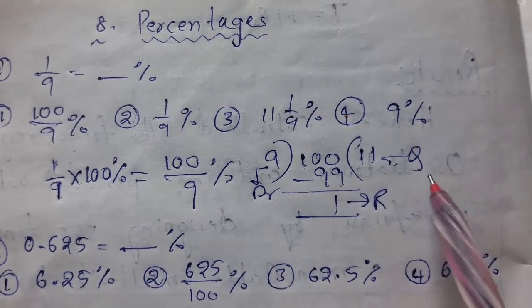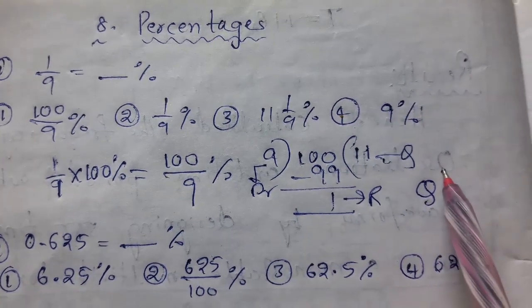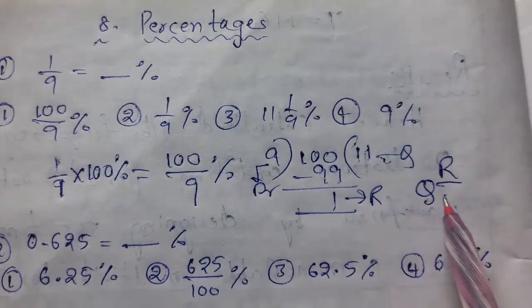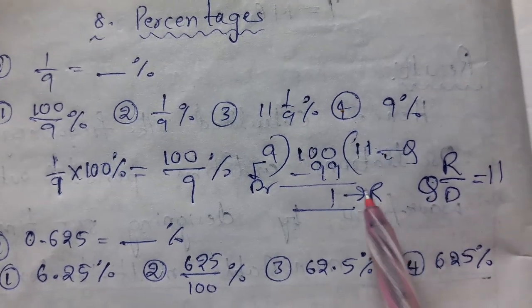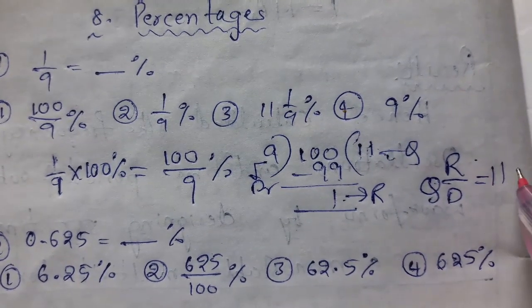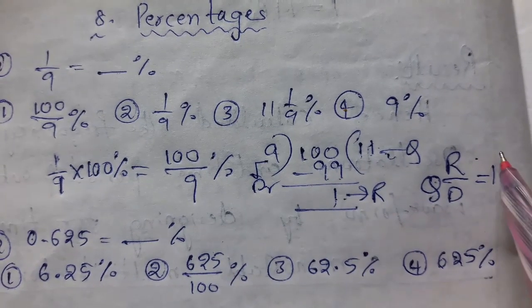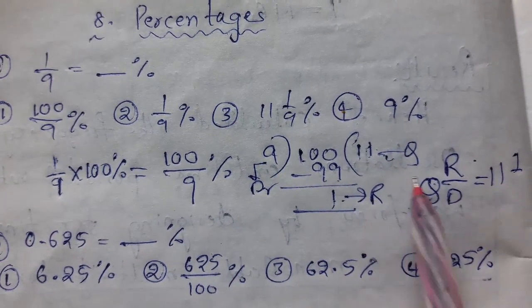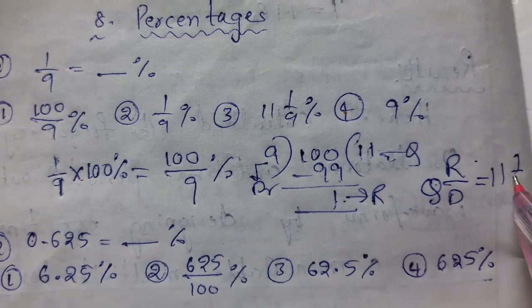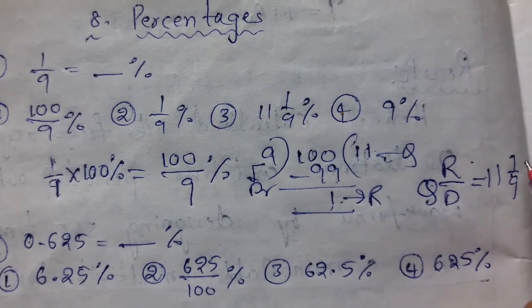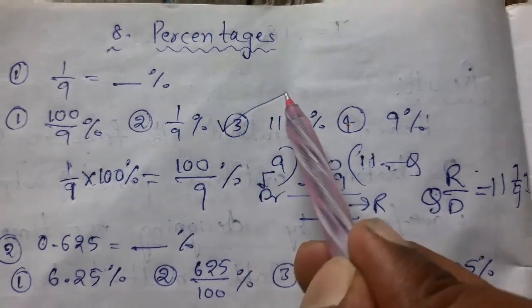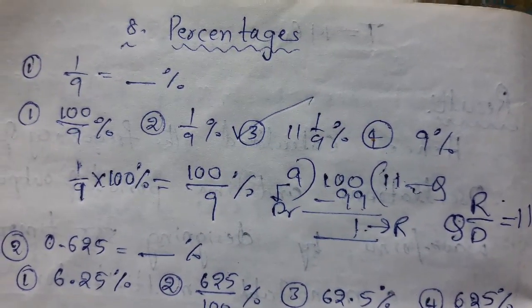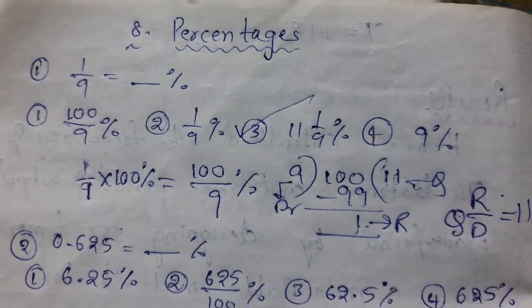Write in a mixed fraction, that means coefficient, remainder by divisor, like this. So coefficient means what? 11. Remainder means what? 1. By divisor means what? 9. So 11 1 by 9% is the right answer of the given question. That means option number 3 is the right answer.